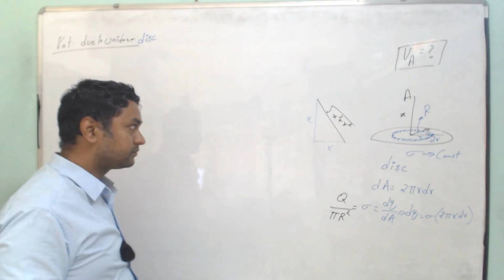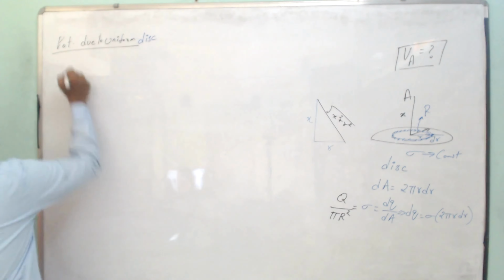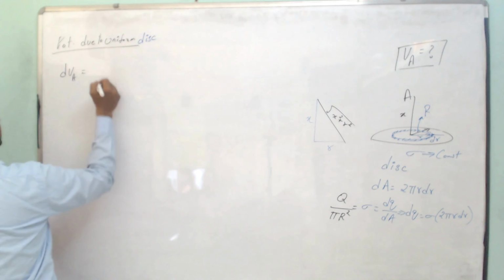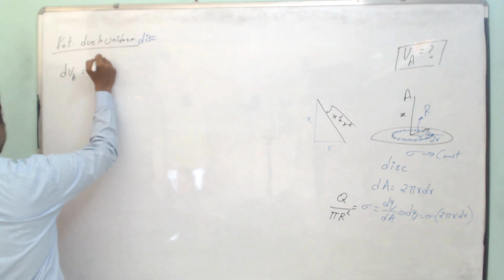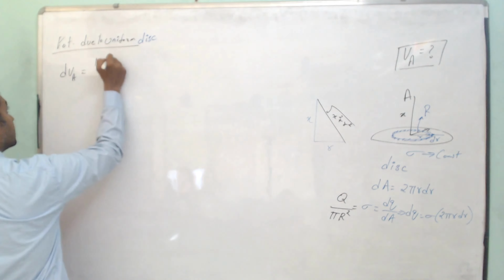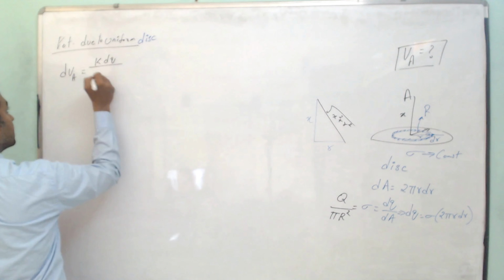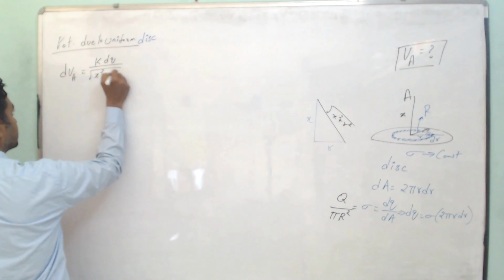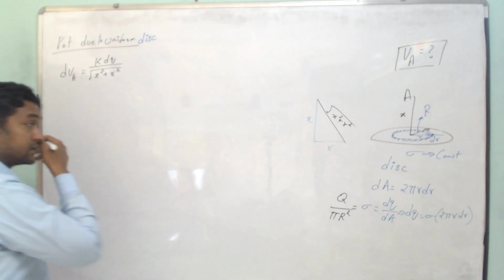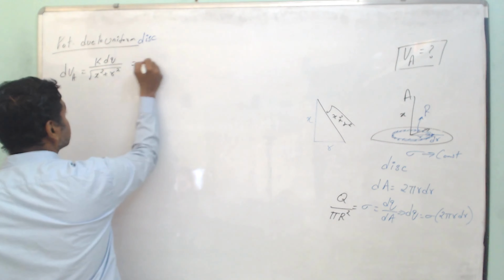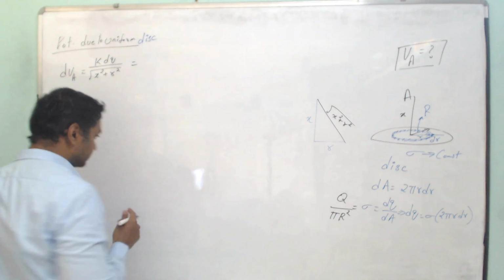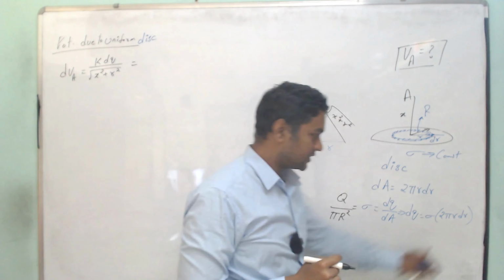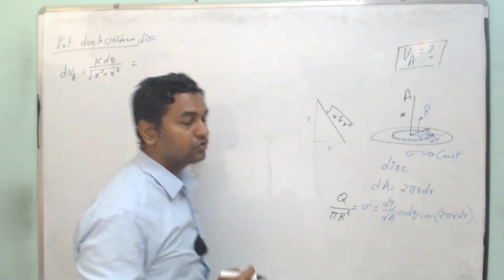Fine. So now dVA at point A is equal to, tell me, K dq by under root of x square plus r square. Next is, integrate because we need the entire disk. Next we substitute dq over here.